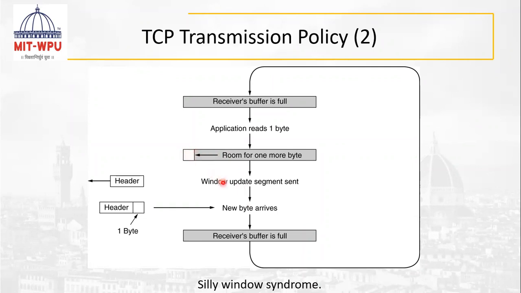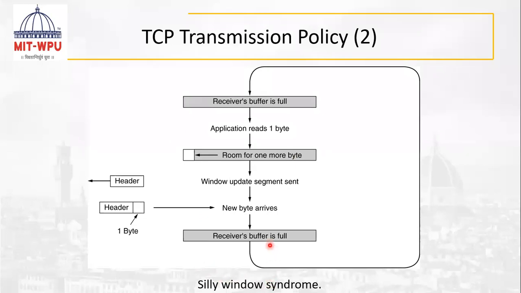So you have to send a window update segment in the sliding window protocol. As soon as the window is available, the sender sends further data to the receiver, and the buffer always gets full. So this kind of scenario is called the silly window syndrome.